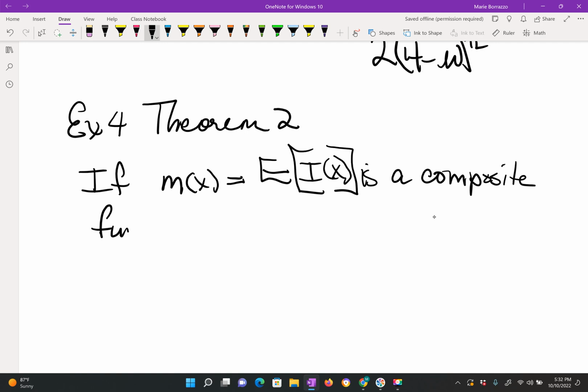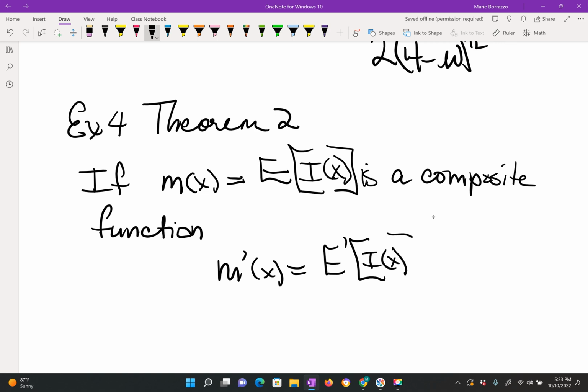Then you know that m prime of x is equal to the derivative of e times the function I of x, which is multiplied by the derivative of I of x, provided that they exist.